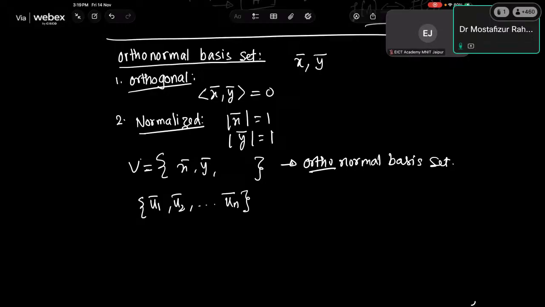I'll say that this set of vectors in an inner product space is orthonormal if ui comma uj, the dot product of these two vectors, equals delta ij. So basically if i equals j, I get 1, and if i does not equal j, I get 0. It's the same definition written in terms of the delta function.